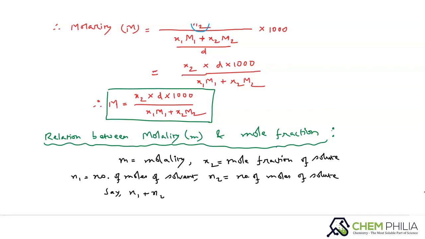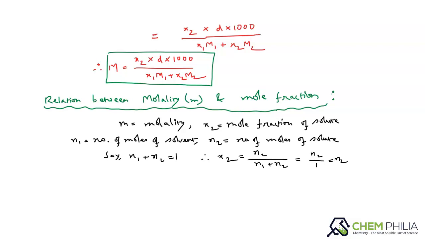Say n1 plus n2 is equal to 1, therefore x2 is equal to n2 by n1 plus n2, that is n2 by 1, that is equal to n2. So x2 is equal to n2. Clear?